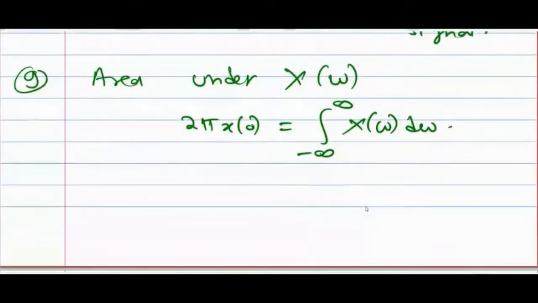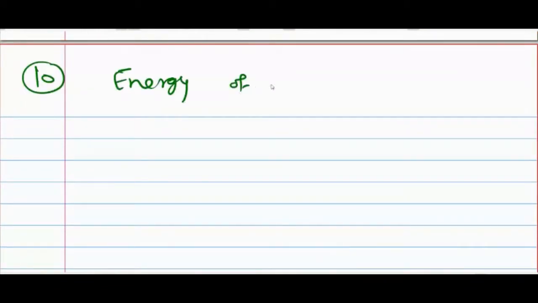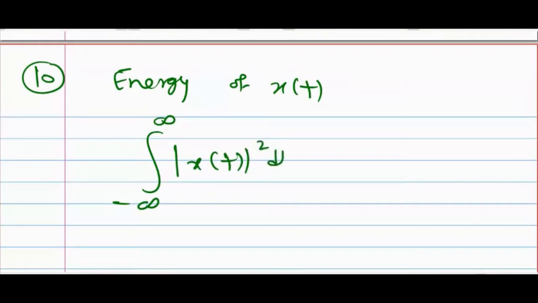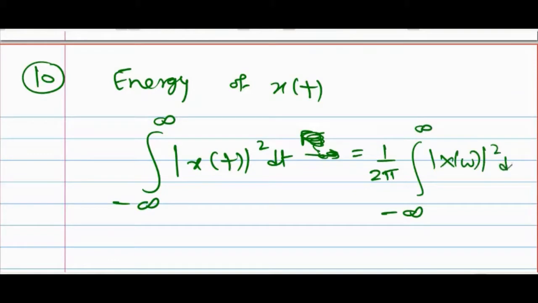So these are 9 properties, and one more property, that is energy of x of t. That means integration minus infinity to infinity mod of x of t square is equal to 1 upon 2 pi integration minus infinity to infinity mod of x of omega square d omega.